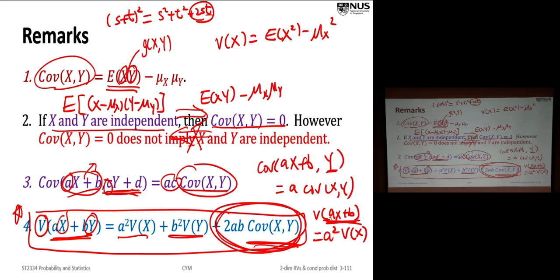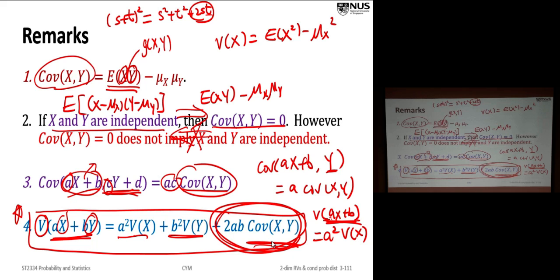When you look at the variance of the sum of two random variables, or linear combination of two random variables, then the variance of this linear combination is equal to a squared times variance of x, b squared times variance of y. But don't stop there.